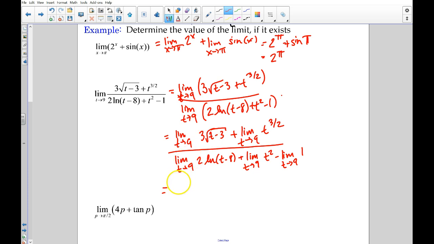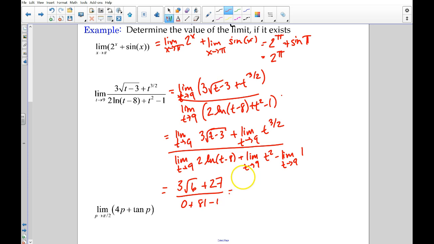So it'll be 3 times the square root of 9 minus 3, which is 6 after I simplify, and then 9 to the 3 halves, so I would square root it first, that's 3, and then cube it, so it's going to be 27 after I simplify, all over 2 times natural log of 1, and natural log of 1 is 0, so I'm just going to wipe that out, plus, putting in 9, I get 81, and minus 1, since the limit of a constant is just the constant.